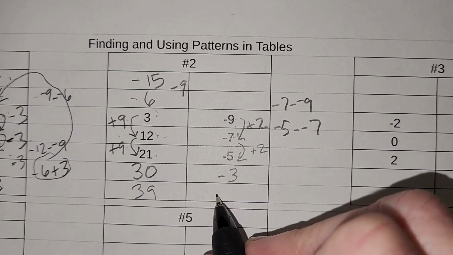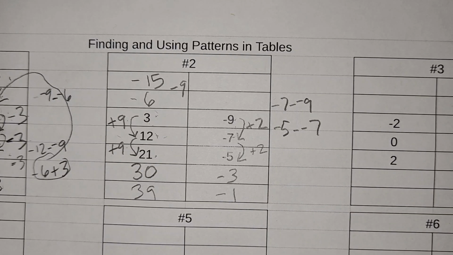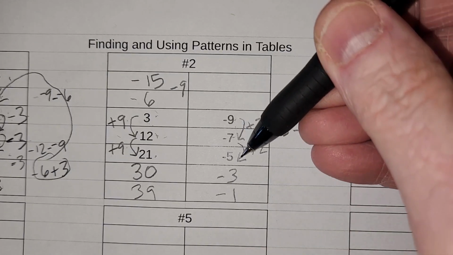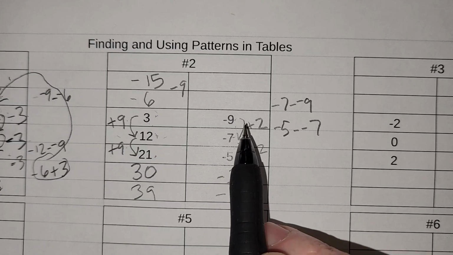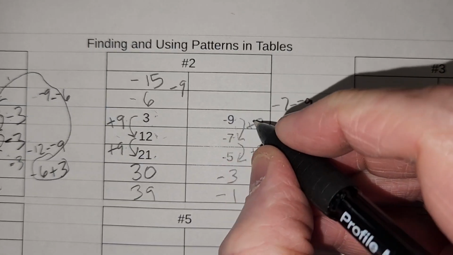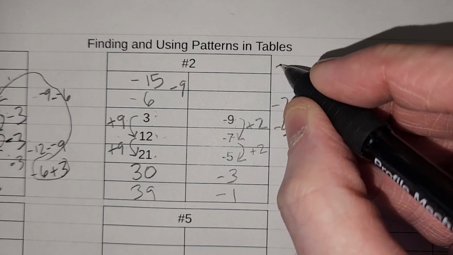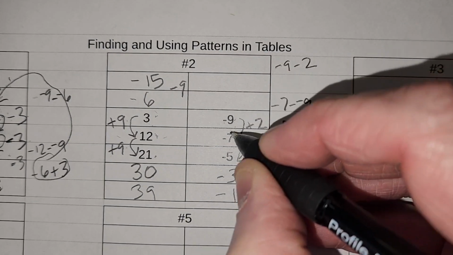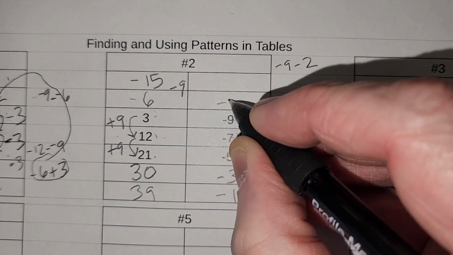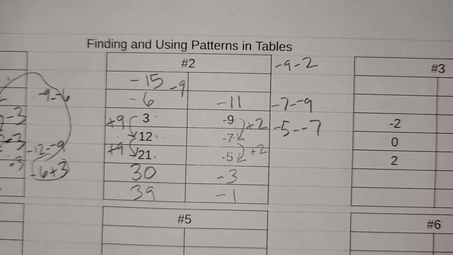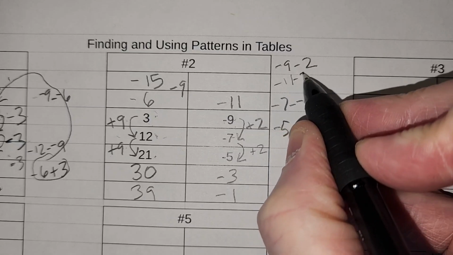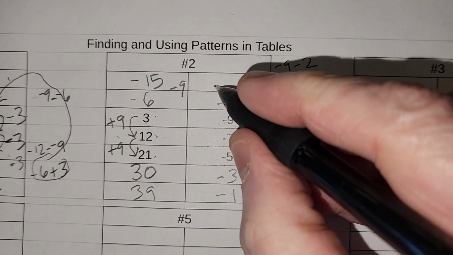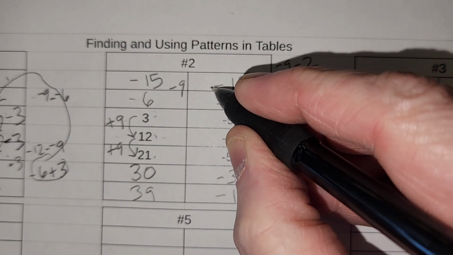This plus 2 is negative 1. If we're going plus 2 this way, this way is minus 2. So negative 9 minus 2 should give me negative 11. Negative 11 minus 2, negative 13.